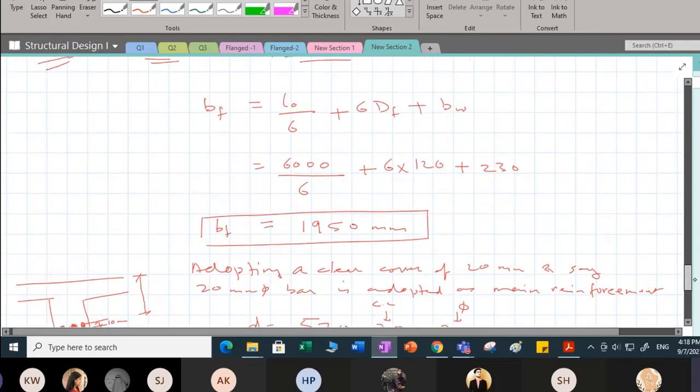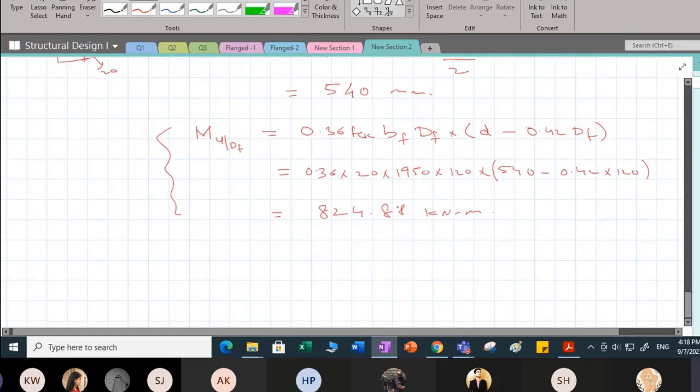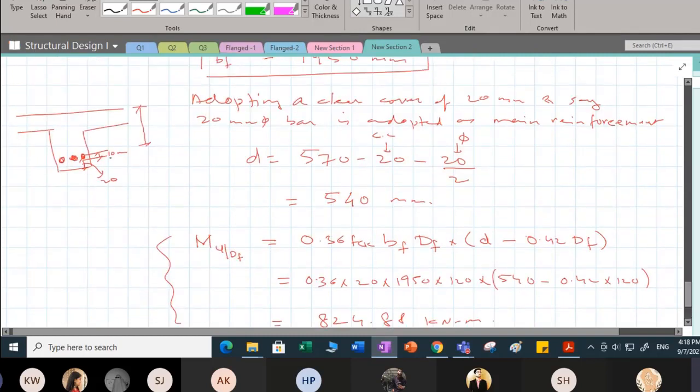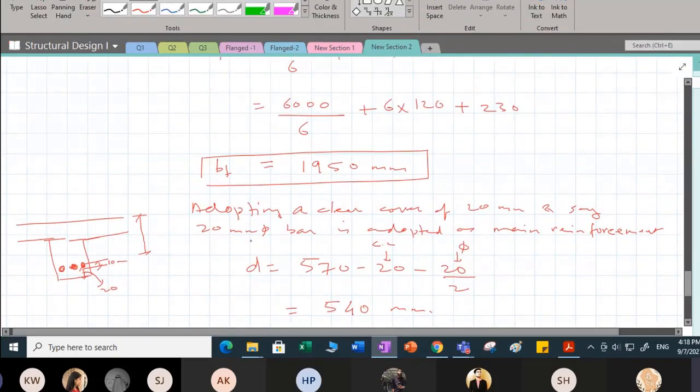You can see the applied ultimate moment is going to be 301.5 kilonewton meter, and what you are getting, the moment of resistance for neutral axis to be exactly at the depth of flange, is 824.88. So by comparing these two moments, you can interpret that your neutral axis is lying within flange.